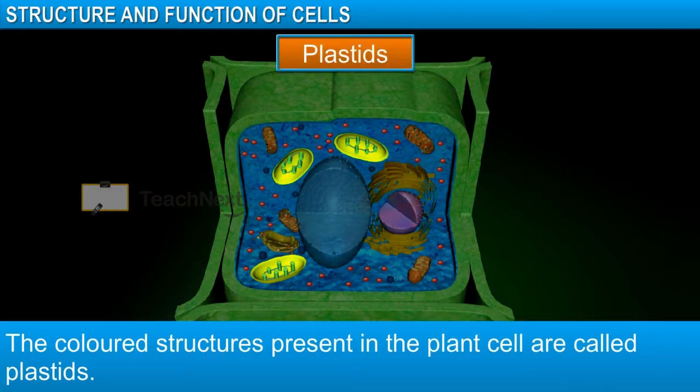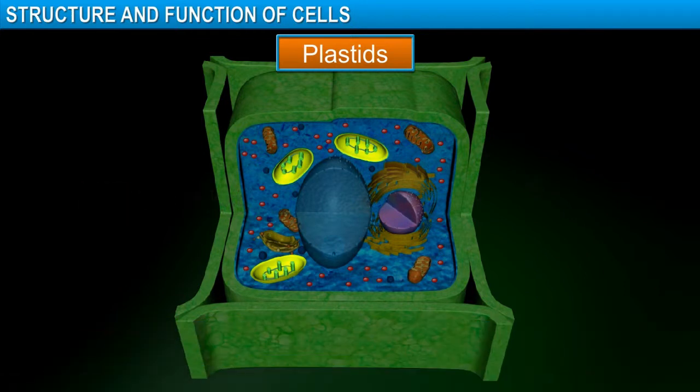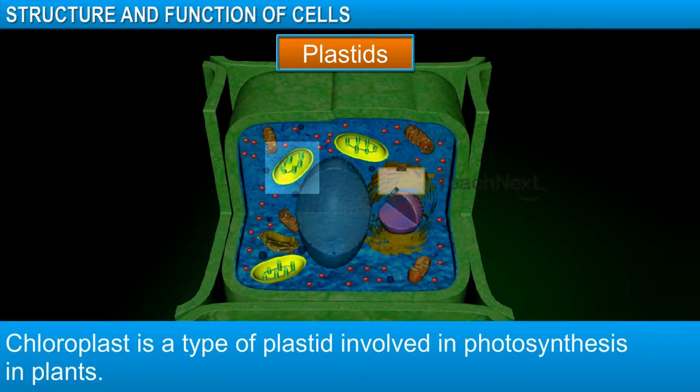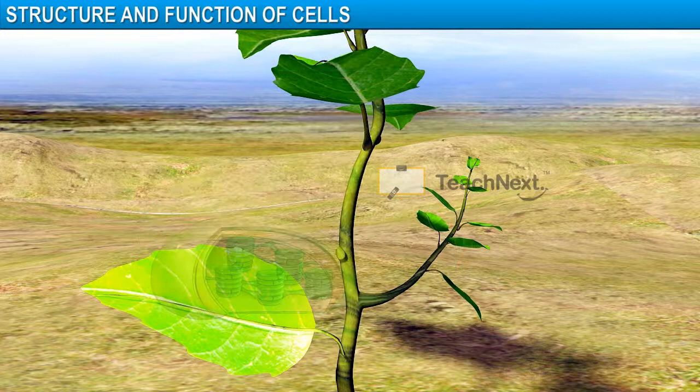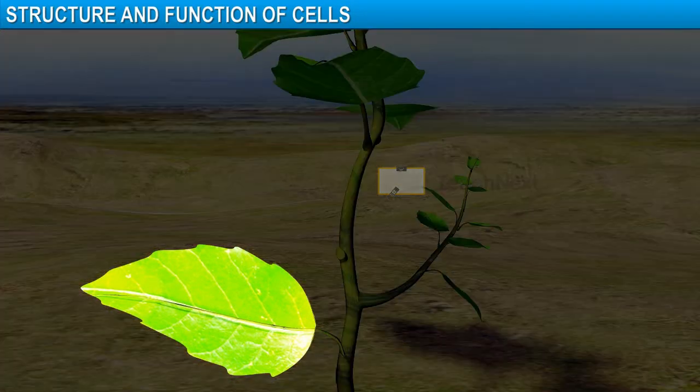Those are plastids. Chloroplast is a type of plastid involved in photosynthesis in plants. This gives the leaves the green color.